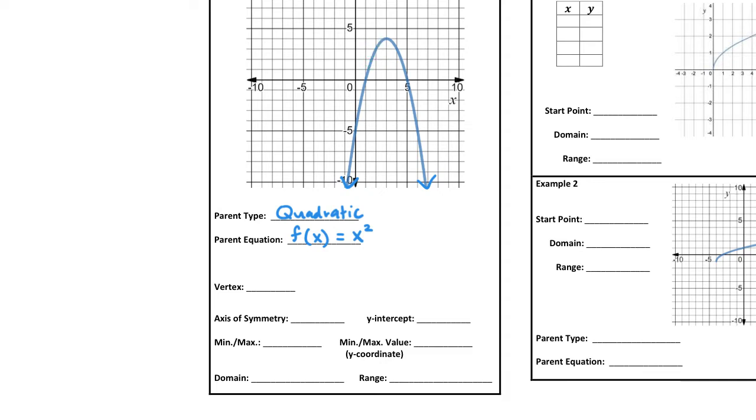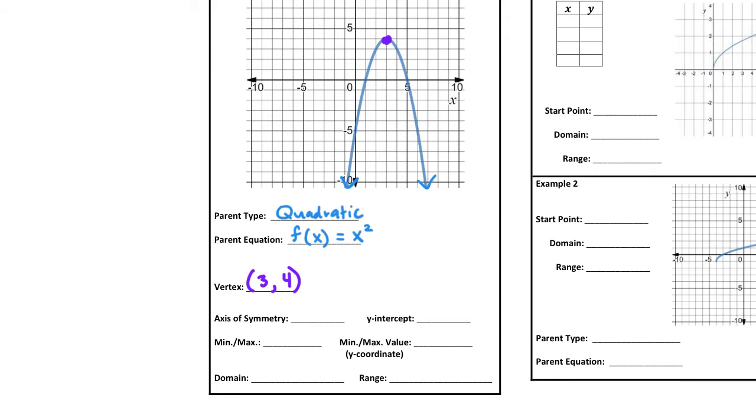So color it in purple. So there's the vertex. The location of the vertex is, if this is (0, 0), then you have to go 1, 2, 3 to the right, and 1, 2, 3, 4 up. So it's at (3, 4).